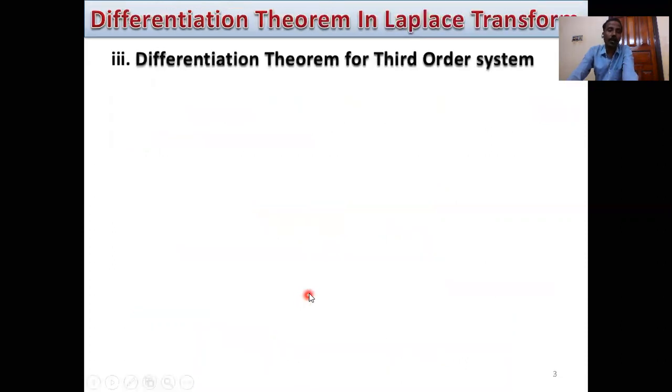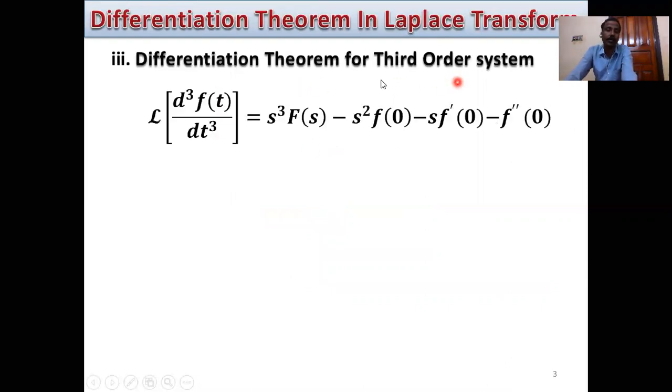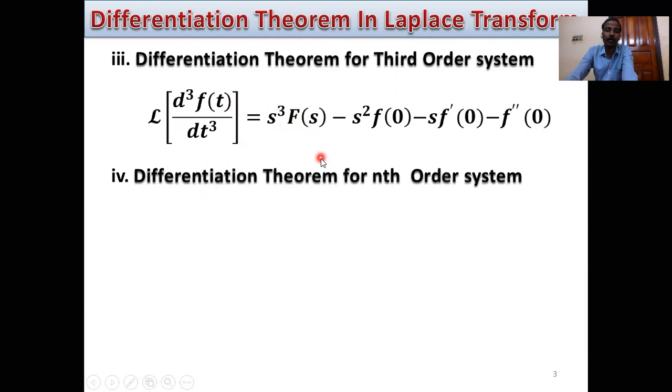And for the third order differential equation, Laplace transform of d3 f of t by dt3 equals s cube F of s minus s square f of 0 minus s f dash 0 minus f double dash 0. This is the Laplace transform of the third order differential equation.